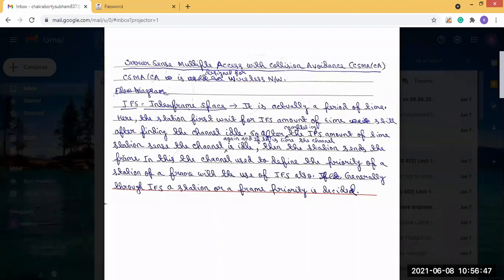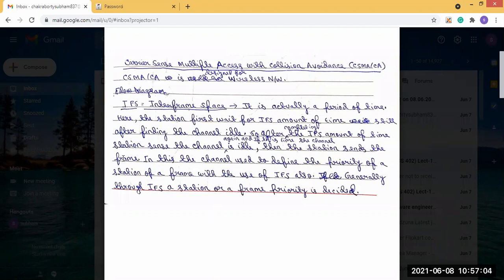This time is called the IFS time. So it is written that the station first waits for IFS amount of time, interframe space amount of time, even after finding the channel idle.